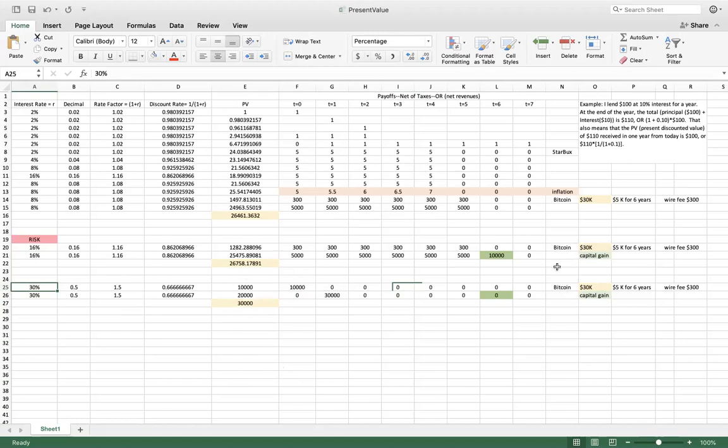Or somebody that thinks that there's going to be a capital gain from Bitcoin in a couple years that's reasonable, and that Bitcoin can be used for transferring money, and they can avoid these wire transfer fees.